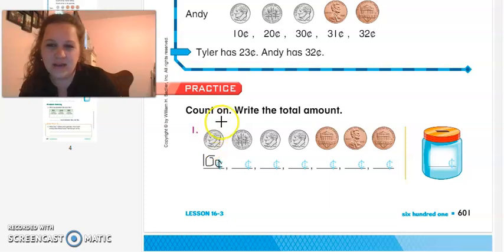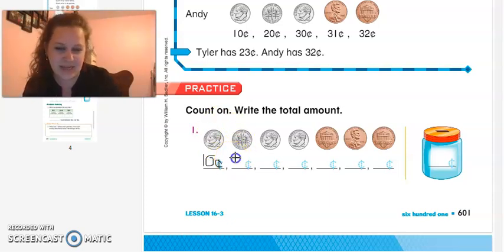So 10 plus another 10 when we count by tens, we know will be 20. Again, trace over that cents. Another 10, we're counting by tens, 10, 20, now we have 30 cents. Another 10, 10, 20, 30, now we have 40 cents.